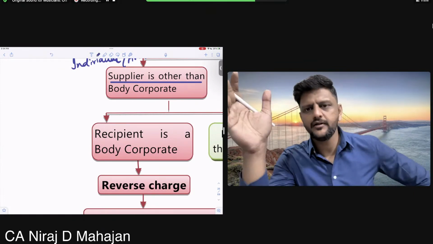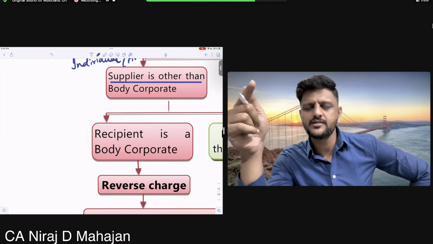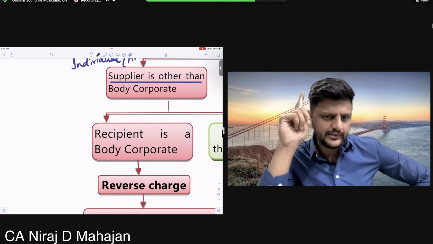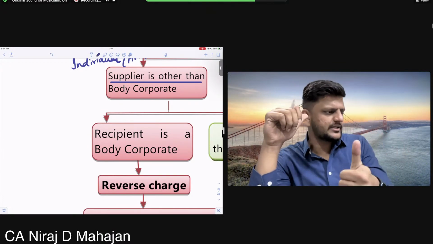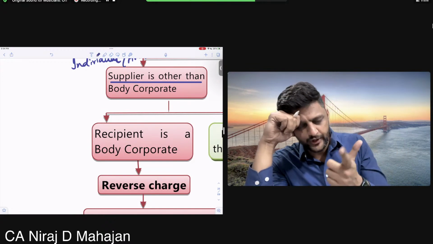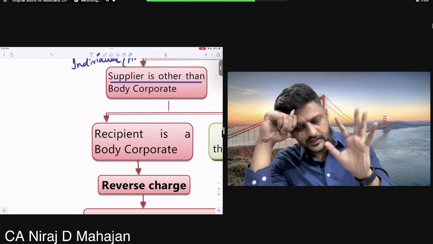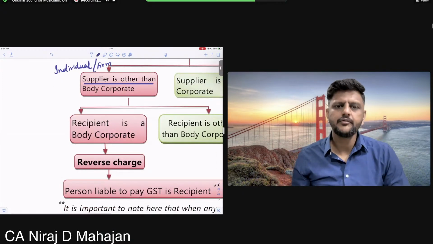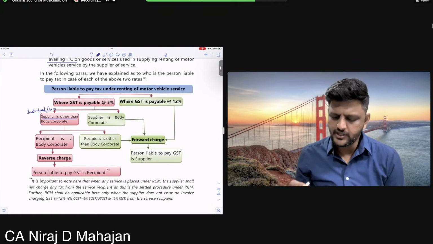What is the category of supplier? First of all, tax rate 5%. Second, supplier is other than body corporate. Third, recipient is body corporate. Then RCM. These three conditions should be satisfied. 5% tax, supplier is other than body corporate, recipient is body corporate, then RCM is applicable. Right? Now, apart from that, any other combination is forward charge.